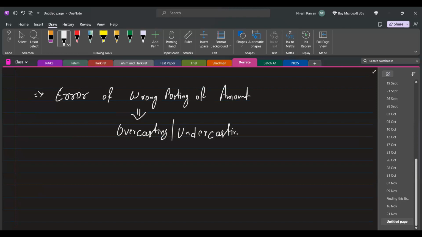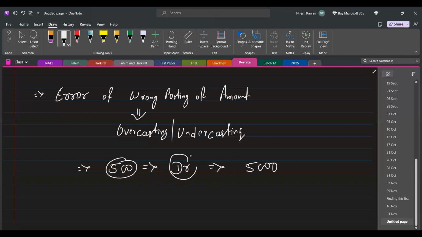Okay, let's understand. Let's say you have to write 500 on the debit side, and you have written it as 5,000. So this is wrong amount posting, yes or no? Yes. You have written it higher than the actual amount. You have to write only 500 and you have written 5,000.